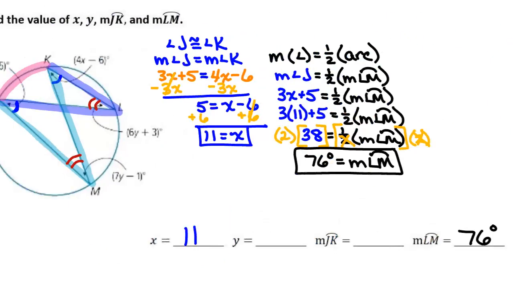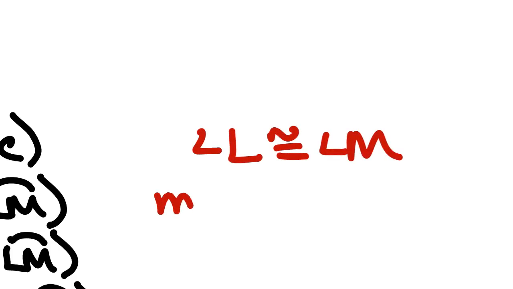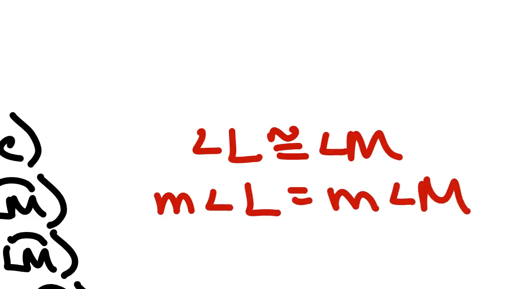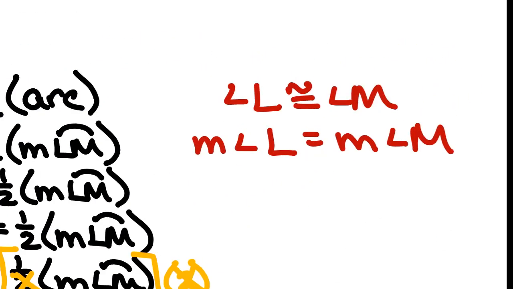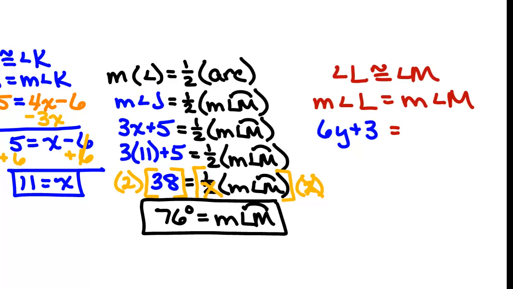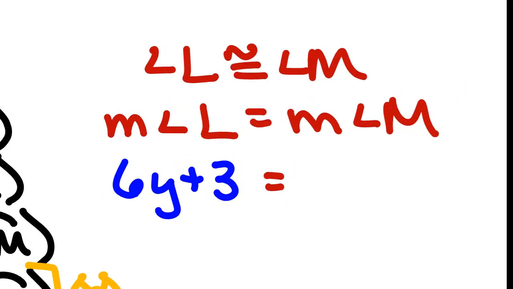So angle L is congruent to angle M. So the measurement of angle L is equal to the measurement of angle M. The measurement of angle L is 6y plus 3. The measurement of angle M is 7y minus 1.